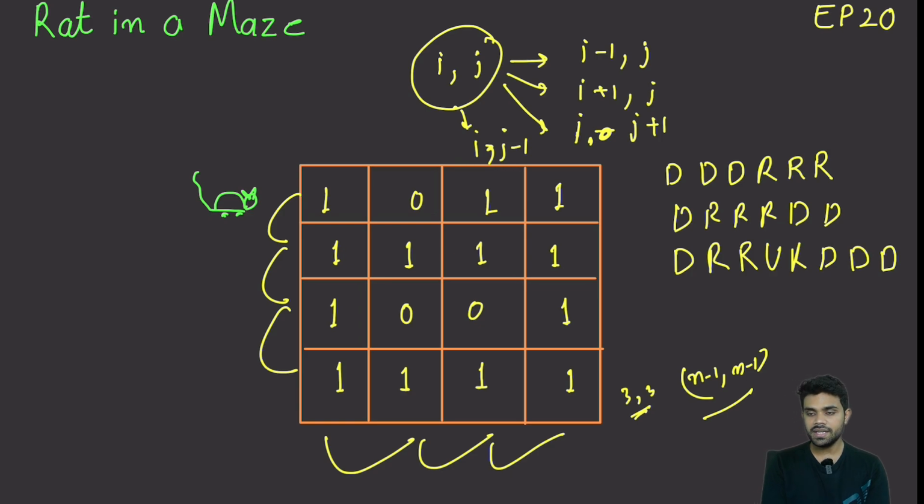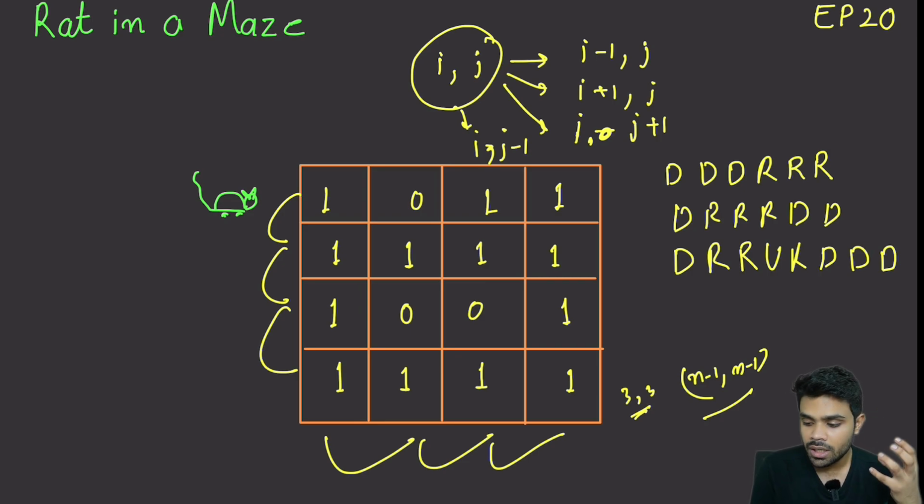So these are the 4 possibilities. So if I am standing at i, j, I will ask recursion to handle the rest of the task from i minus 1, j, from i plus 1, j, from i, j plus 1, and from i, j minus 1. So there will be 4 recursion calls in total.